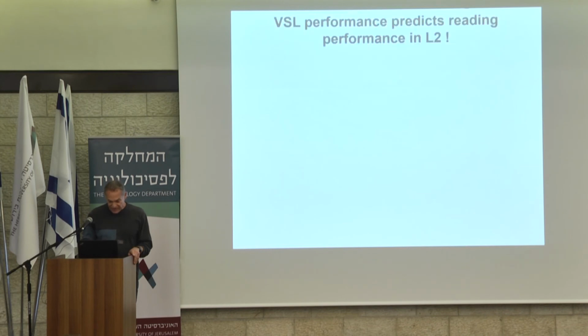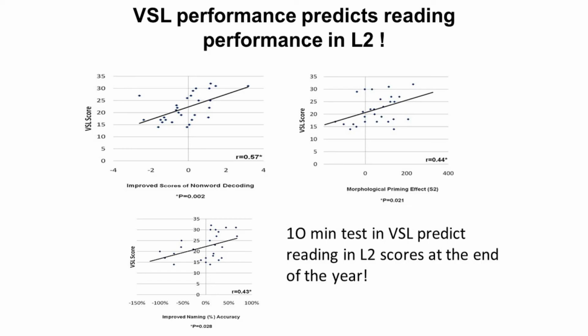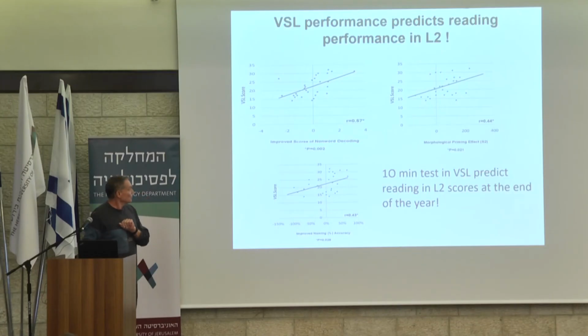What we find is striking correlations, actually: 0.57 between the score in the visual statistical learning task and non-word decoding, 0.44 morphological priming, 0.43 in naming. So in a 10 minute test, you come to the lab, and we can predict with high accuracy how you're going to be doing at the end of your year learning Hebrew.